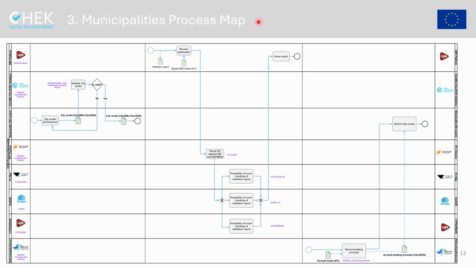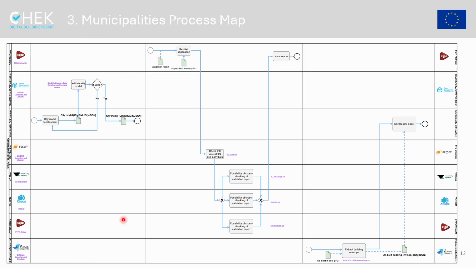So here is the global municipalities process map, which is divided in three parts. The three parts are relatively simple to explain. The first part on the left-hand side pertains to the preparation of the city model. The second part in the municipality is actually the verification procedure. So the beginning of the second part precisely coincides with the end of the designer process map.